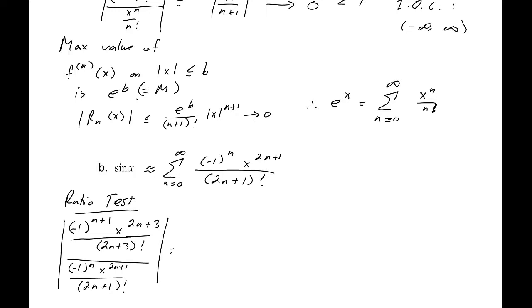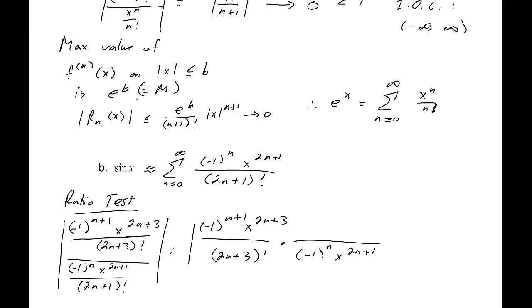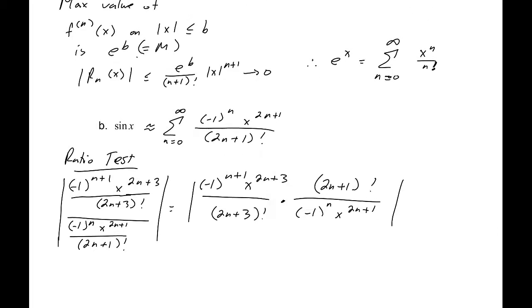This is equal to (-1) to the n plus 1, x to the 2n plus 3 over (2n plus 3) factorial, times, we'll flip over the second part and take the reciprocal, (-1) to the n, x to the 2n plus 1 over (2n plus 1) factorial.